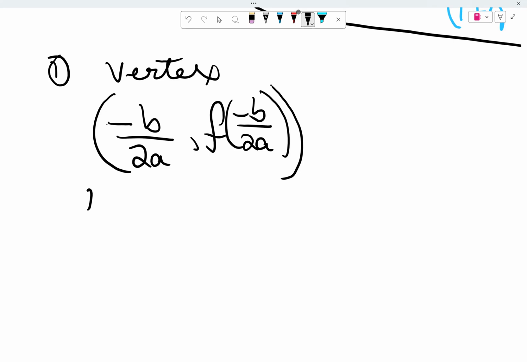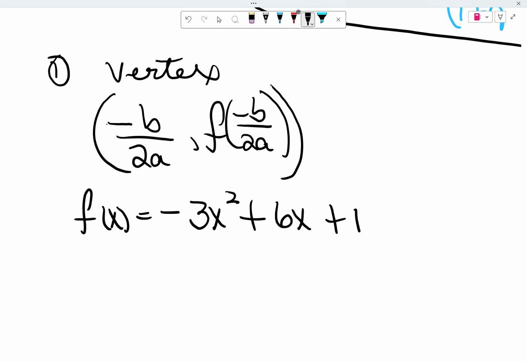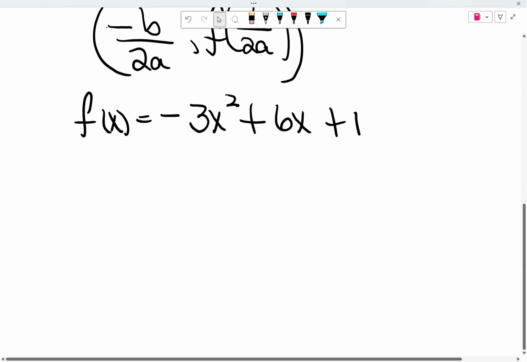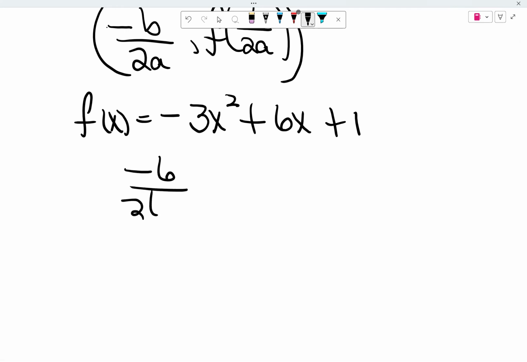In our example, they give you f of x is equal to -3x squared plus 6x plus 1. If I use -b over 2a, I get -6 over 2 times -3, which tells me x is 1. Look at your answer choices. How many 1s do you see for x? Only 1, which is answer choice D.